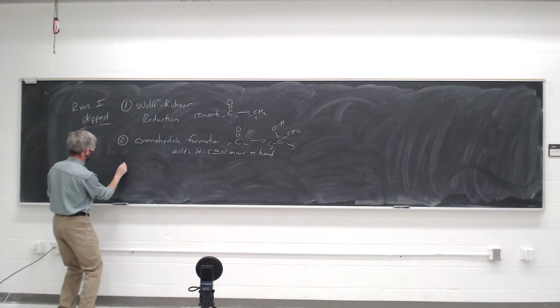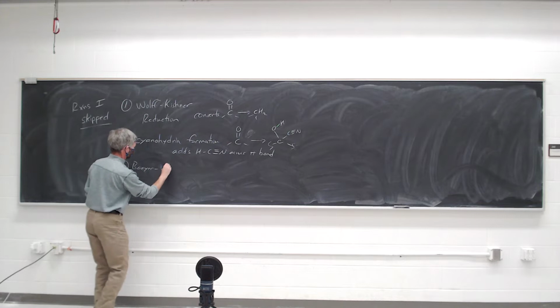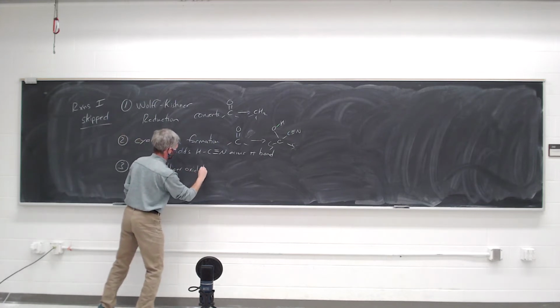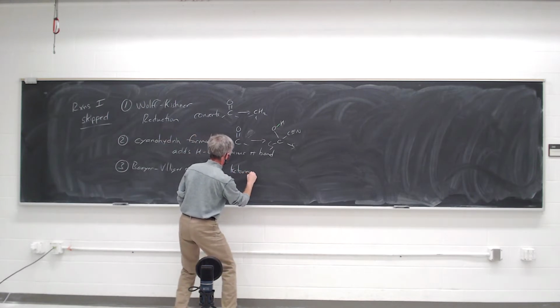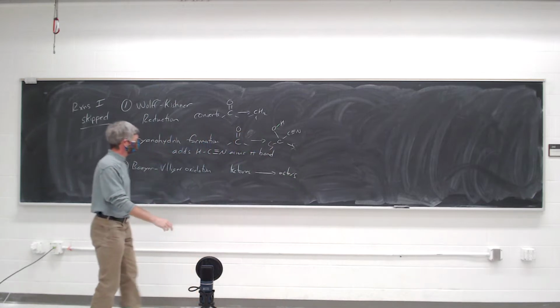Third is the Baeyer-Villiger oxidation, and what that does is convert ketones to esters.